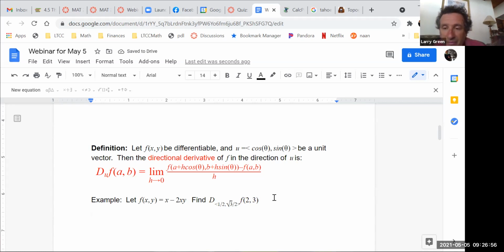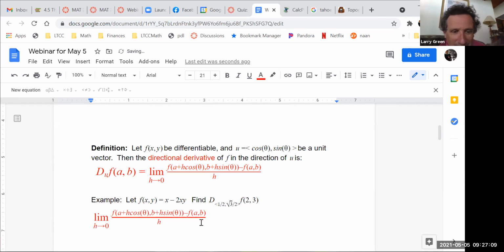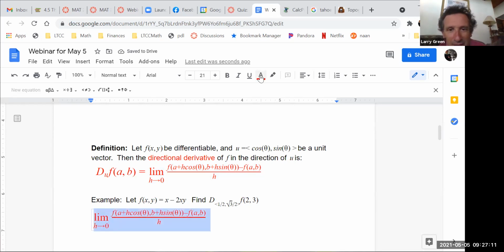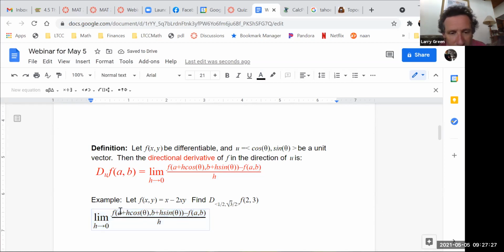So what do we do? The idea is we plug in. So now we have a plus h cosine theta.